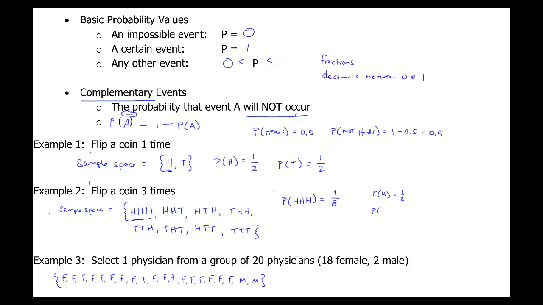So the probability of 3 heads, and we do something called the multiplication rule, where you just multiply each event's probability, and you get half times half times half is 1/8. So the probability is 1/8 whether you do it by looking at the entire sample space and finding that there's 8 possible ways to flip a coin 3 times, and that getting all 3 heads is one way out of those 8. Or you could take the probability of each flip and multiply them together for how many flips you have.